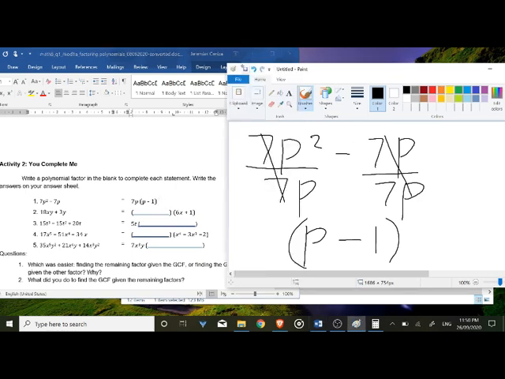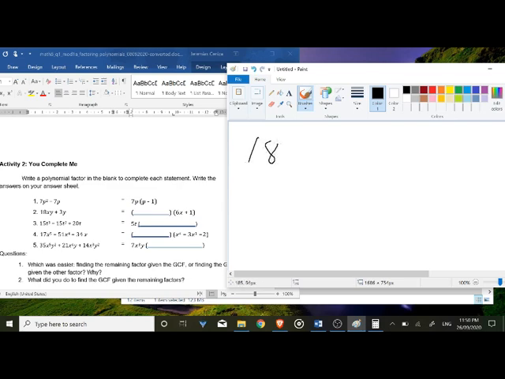Next, number 2. 18xy plus 3y. Kapag ang isang factor na given ay hindi monomial, ibig sabihin nun, si monomial ang hahanapin. So, paano hahanapin si monomial?